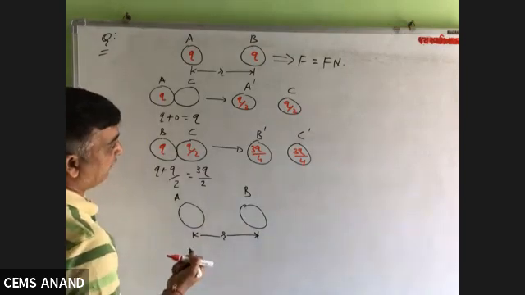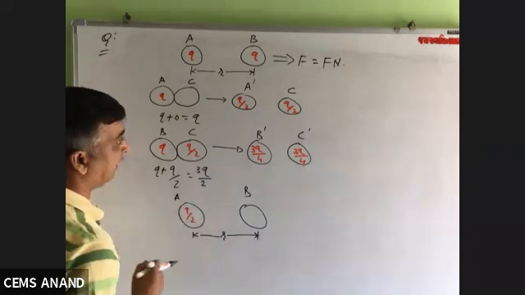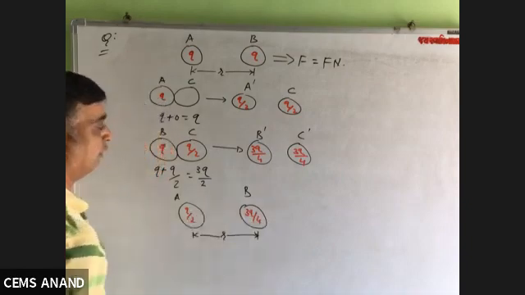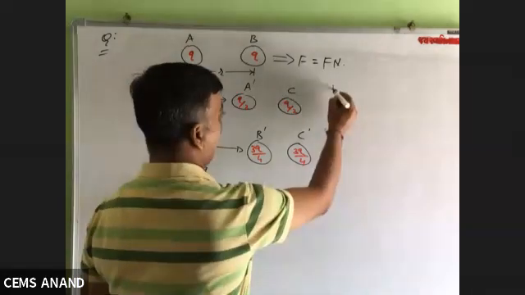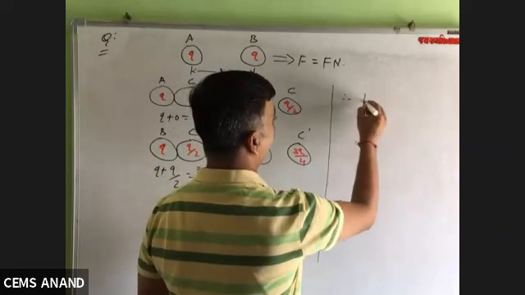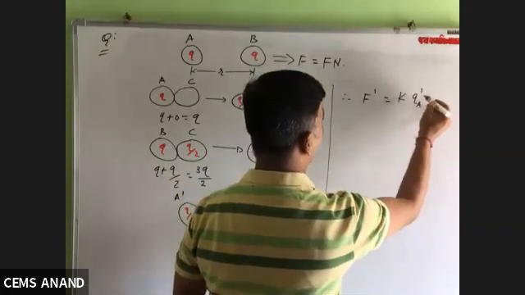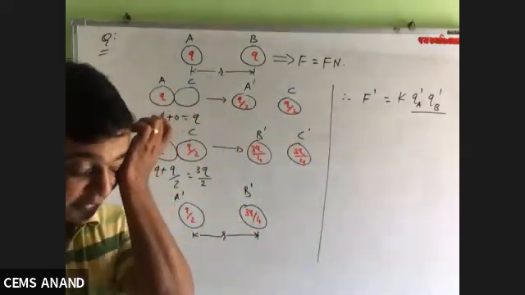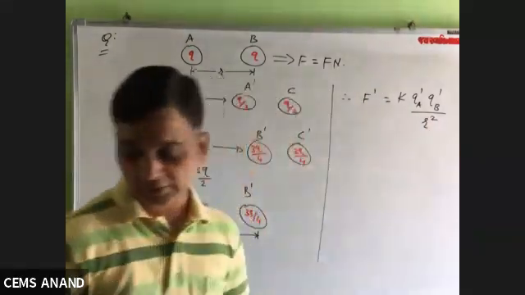So the values are Q by 2 on A dash and 3Q by 4 on B dash. That's why F dash is equal to K times the charges of these two, Q A dash, Q B dash, divided by r square.